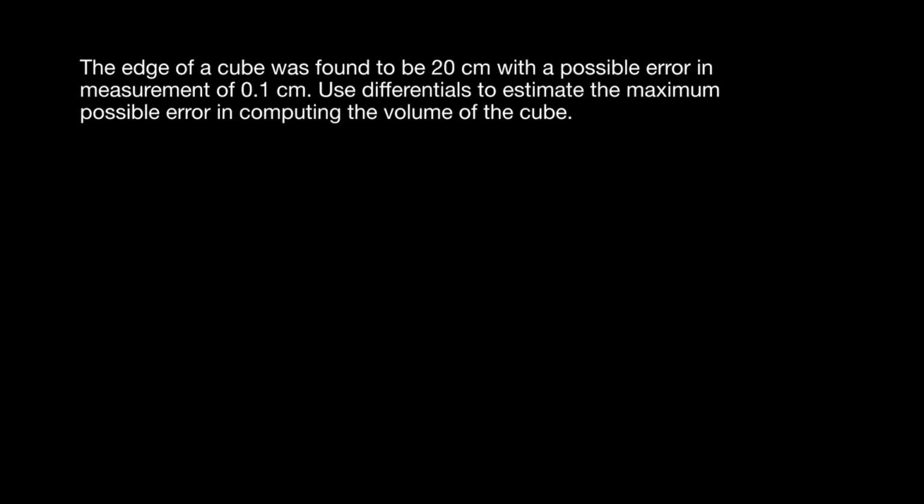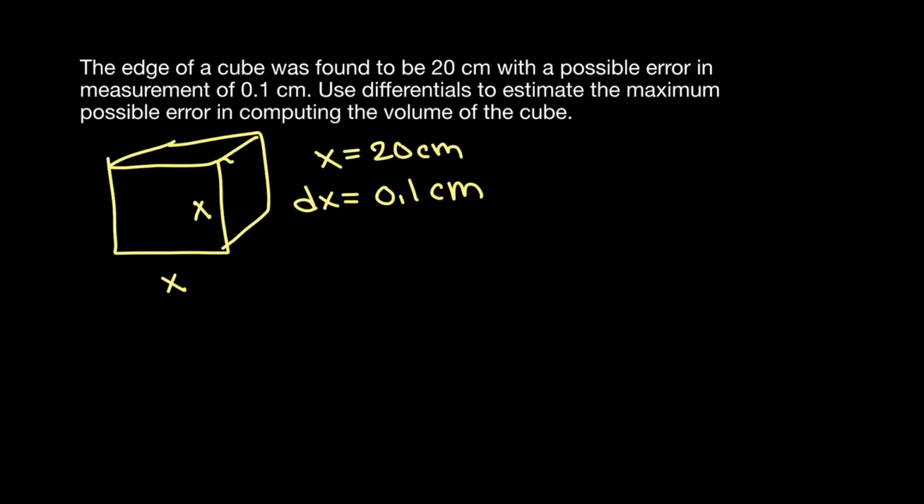Let's take a look at an application problem. So here's one application of differentials. The edge of a cube was found to be 20 centimeters with a possible error in measurement of 0.1 centimeters. Use differentials to estimate the maximum possible error in computing the volume of this cube. So I have a cube. So there's my cube.